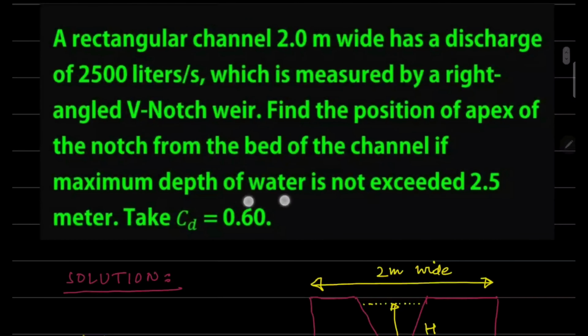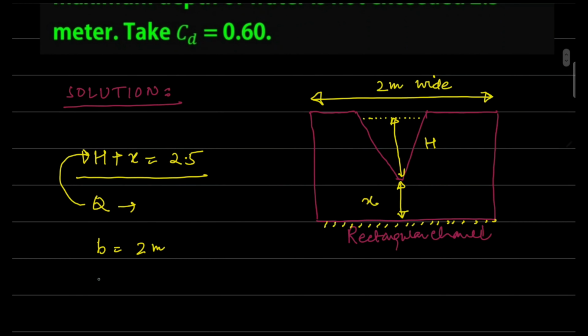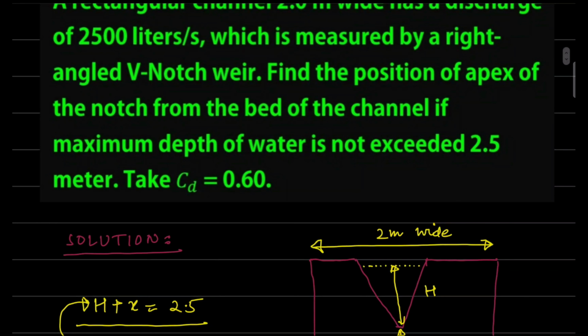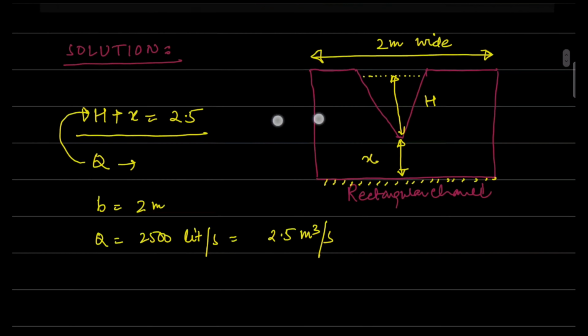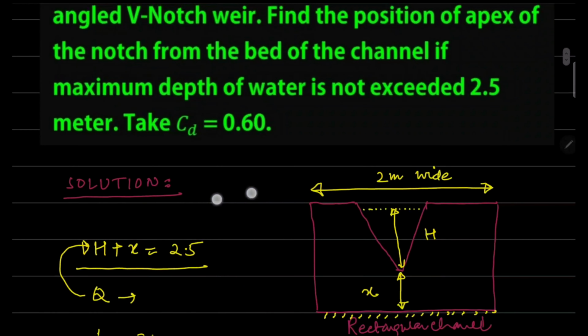The next thing it says is that it has a discharge of 2500 liters per second. So Q is equal to 2.5 meter cube per second. Find the position. So it is a right angle notch, so theta is equal to 90 degree. And the CD value that is also given to us is 0.60.